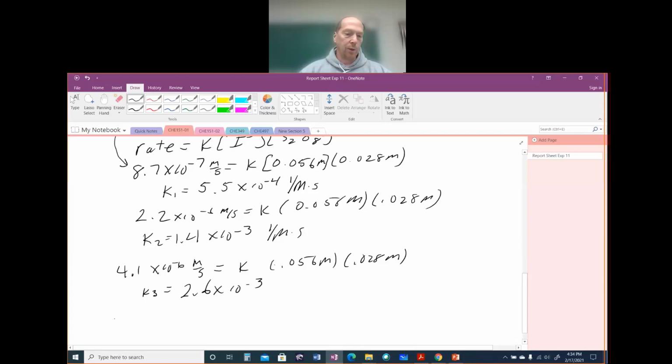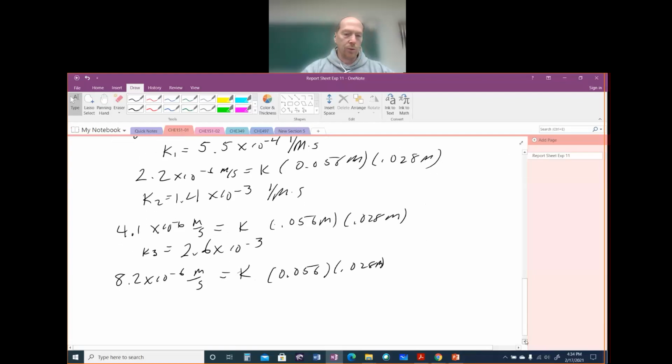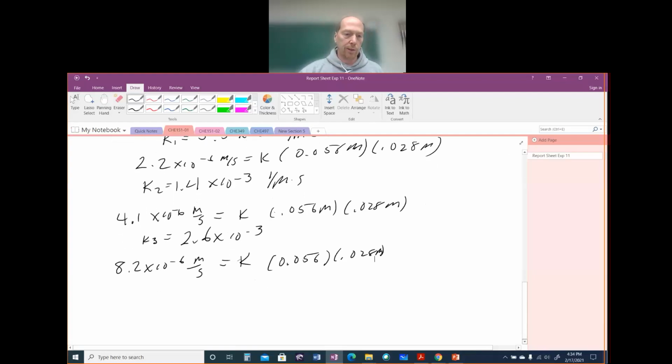And then finally, we put in our 8.2 times 10 to the minus 6 molarity per second is K, and the 0.056 times the 0.028. And then our last K value is 5.2 times 10 to the minus 3. And that's 1 over molarity times seconds, second order rate constant.